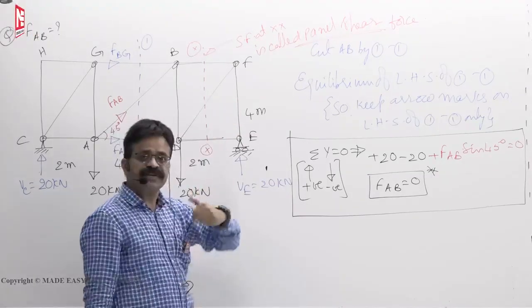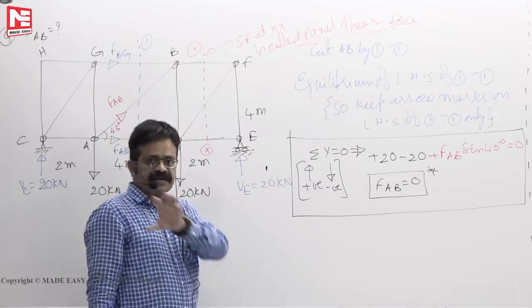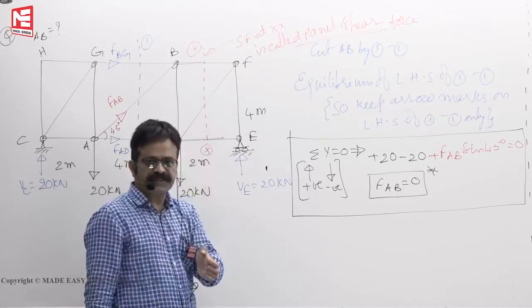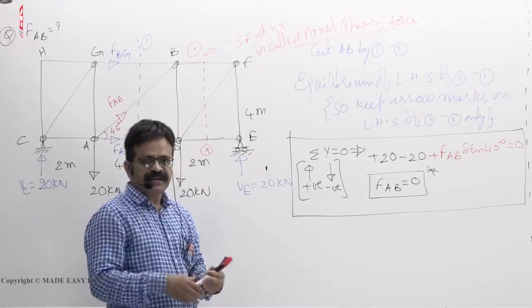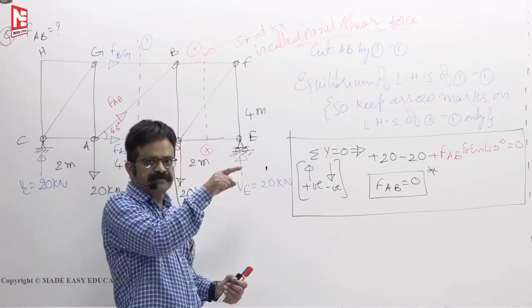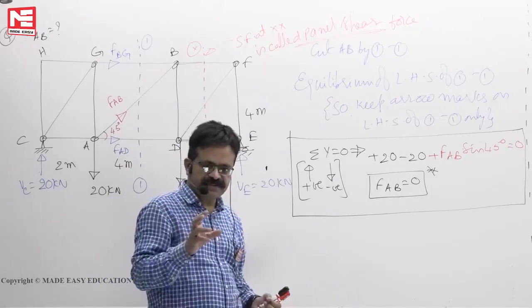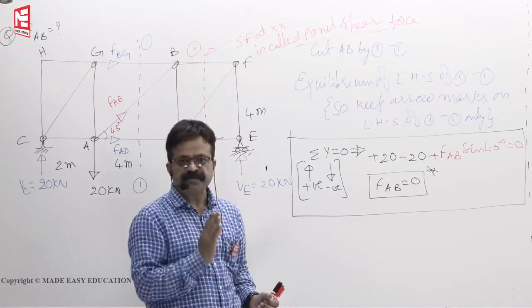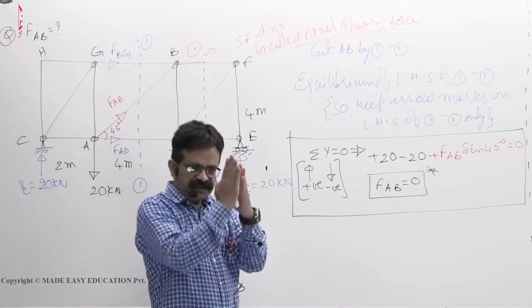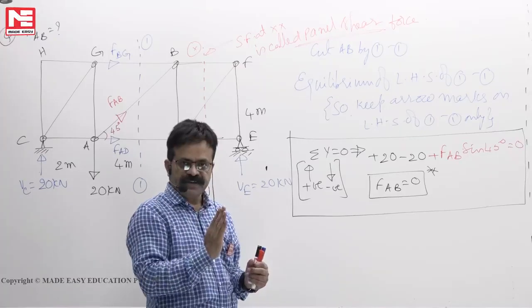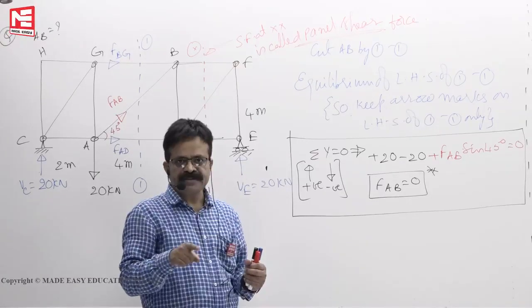Such analysis we have done in RCC also. RCC, if you take the beams, shear force in a beam at any section when you are calculating at the support, then bent up bars are there. You calculated shear force resistance by a bent up bar. So whatever shear force is there in the beam at the critical section, shear force V, and that is resisted by bent up bars.